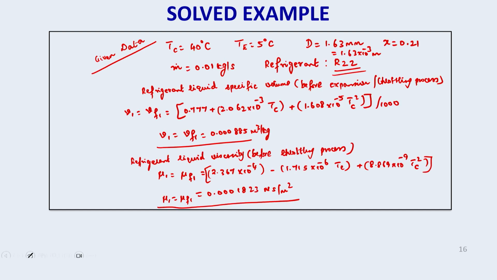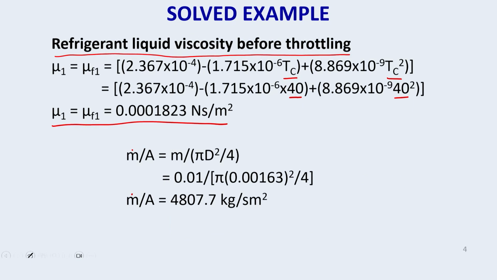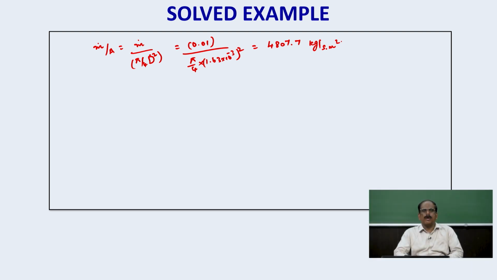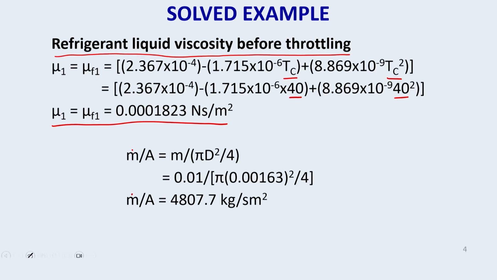So this ratio will be 4807.7 kg per second meter square. M dot is in kg per second, and area in meter square is the denominator, so the unit will be kg per second meter square. So this is 4807.7, about 4808.